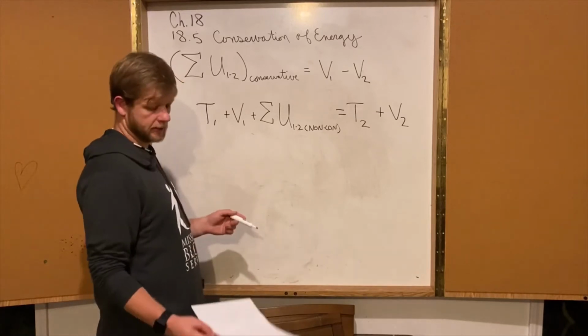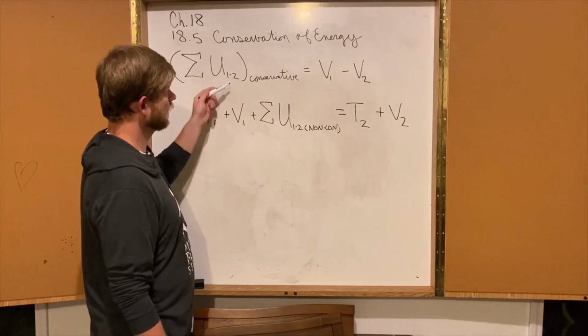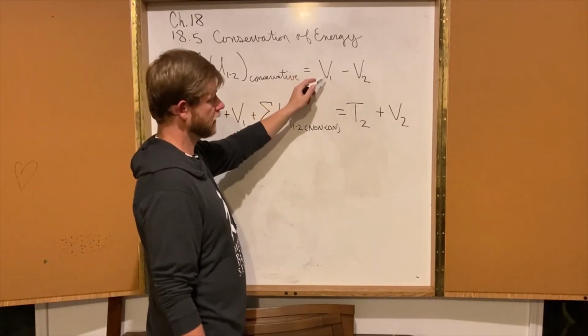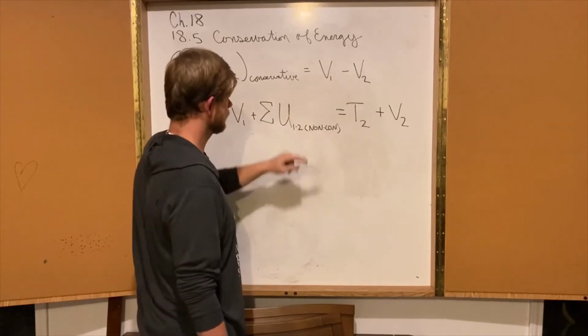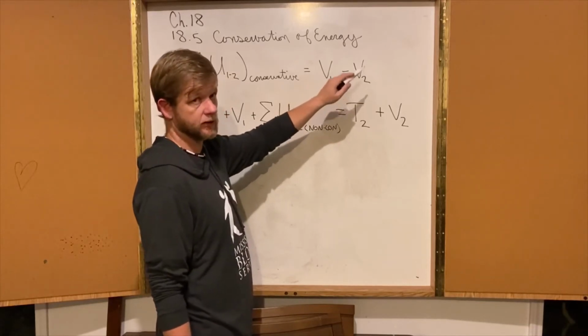If you remember back to chapter 14, the work of conservative forces equals the potential energy at 1 minus the potential energy at 2, the beginning minus the end.